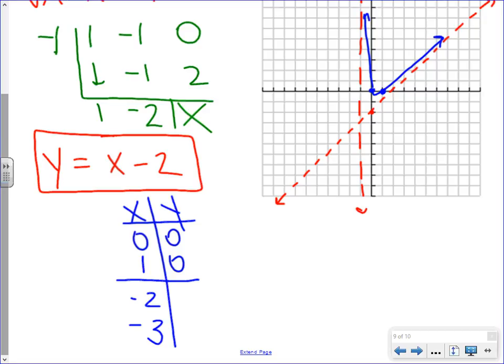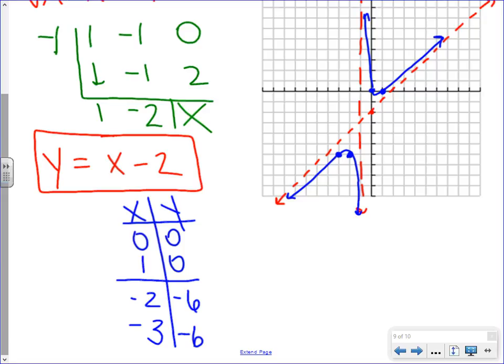What do we get when we plug in -2? -6. I have a guess as to what -3 is going to be. -6. Okay, got a little symmetry there. And there's that curve.